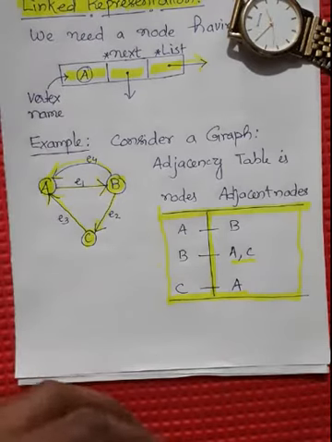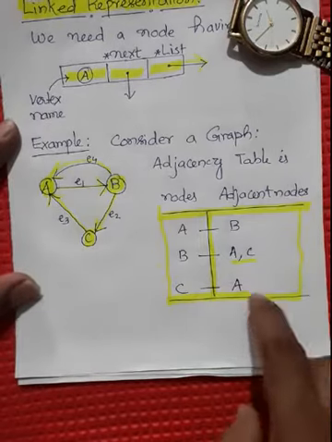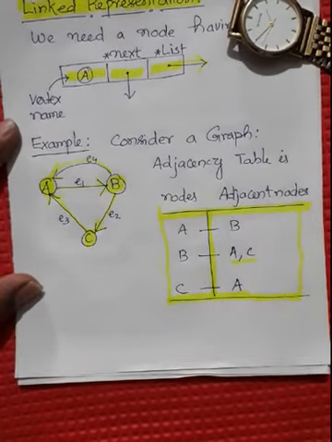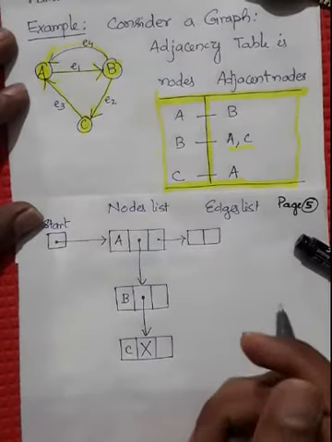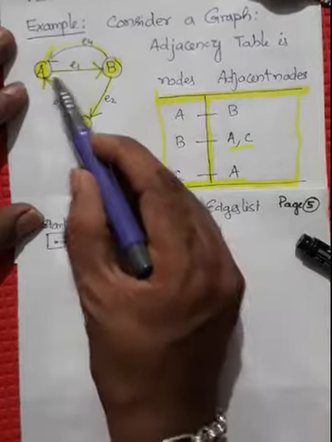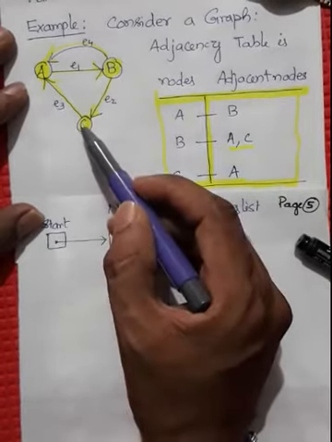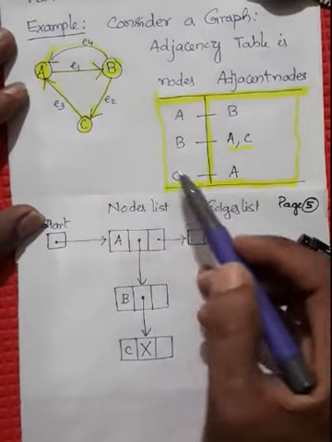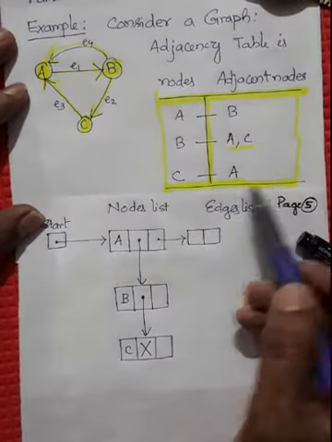Like that, we need to first find the adjacent nodes, and this table we call the adjacency table. For this particular graph we have 3 nodes A, B, C, and edges E1, E2, E3, E4, and for that this is my adjacency table.